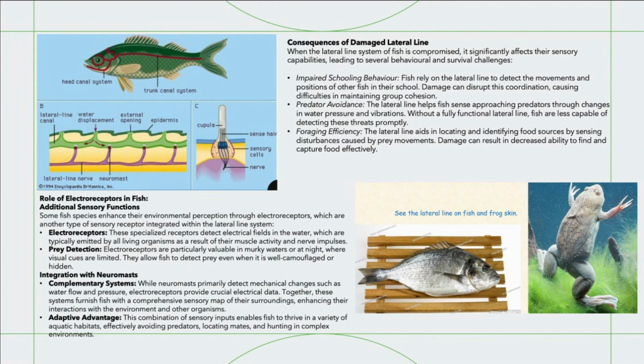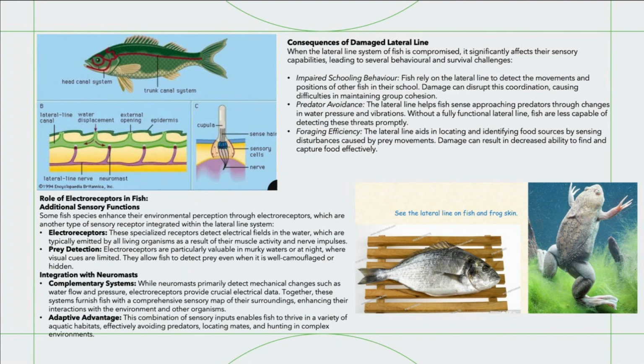So, the role of electroreceptors within fish. Some fish species enhance their environmental perception through electroreceptors, which are another type of sensory receptors found in the lateral line system. We said so far the lateral line system has mechanoreceptors, which are called neuromasts. The lateral line system also has the electroreceptors.